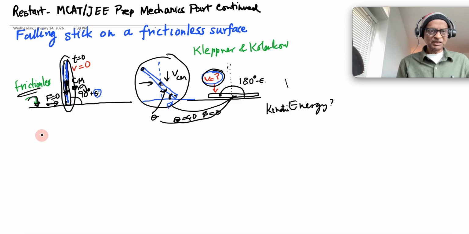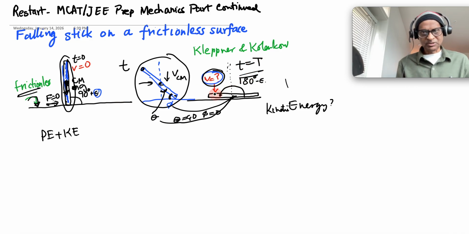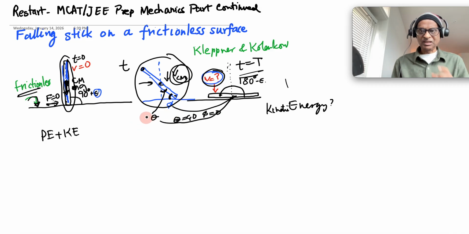So basically we have potential energy plus kinetic energy, at some time t and at t equals 0, and this is some big T or something like that. This is not asked in the question. It turns out to be a hard problem to get that, but getting v of cm is not that hard.